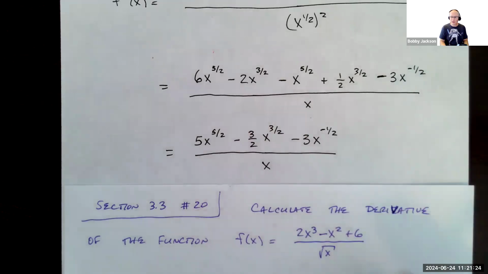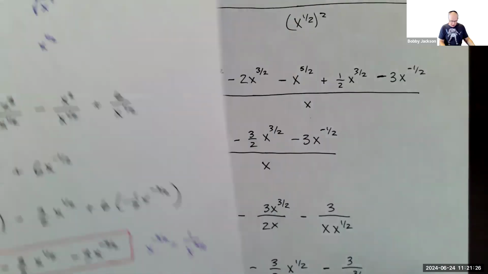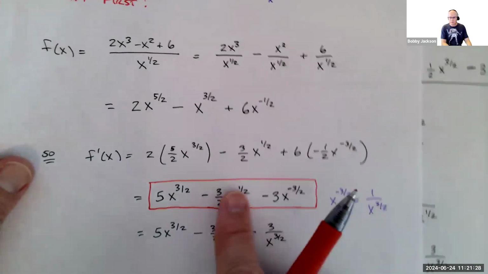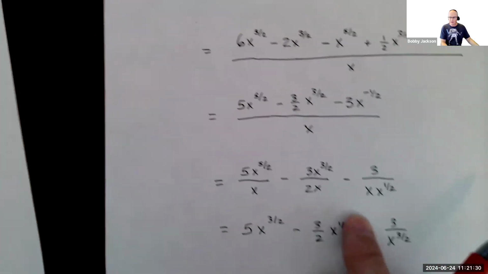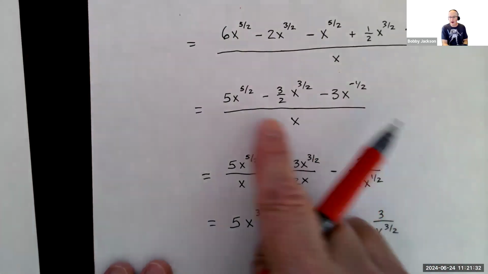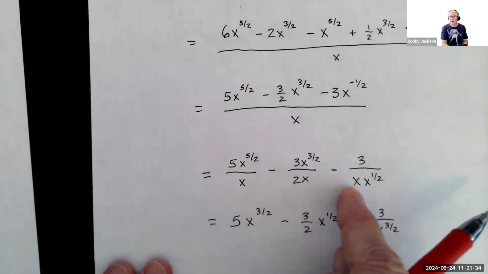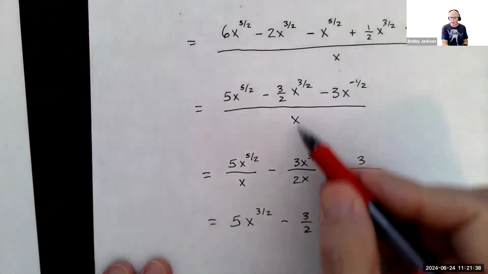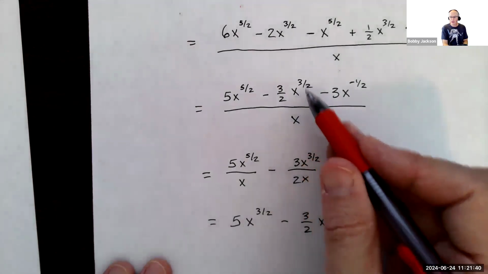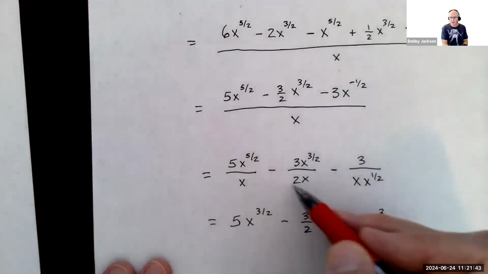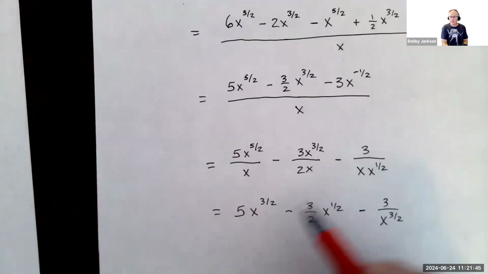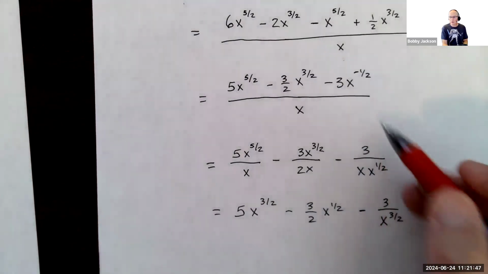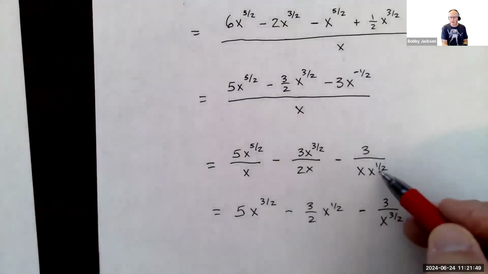So here's your answer. Compare that to what we got just a minute ago, right? What's the difference? Well, it's not quite simplified. So if you divide every term by x here, and of course, I bring this 2 down for this one, right? So 3/2 x to the 3/2 divided by x is the same as this. And then just simplify. Again, I put the x to the -1/2 as 1 over x to the 1/2 here.